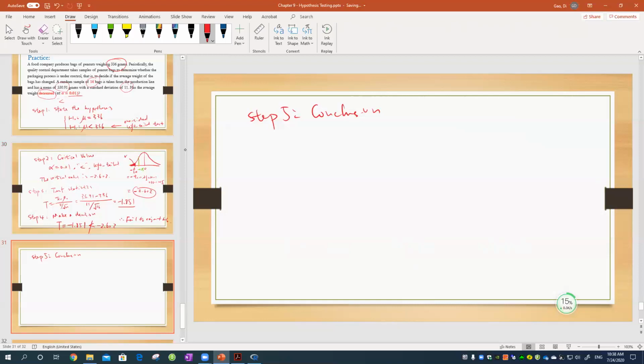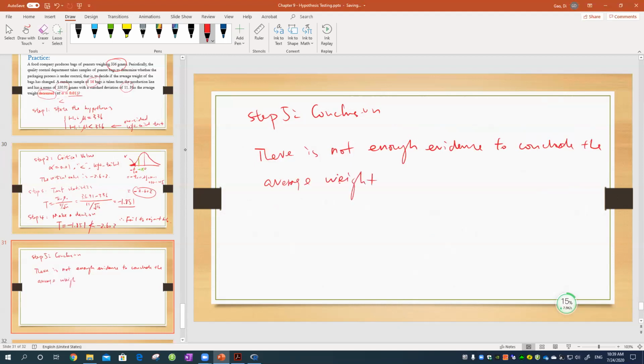So we're going to say there is not enough evidence to conclude the average weight decreased at alpha equals 0.01.